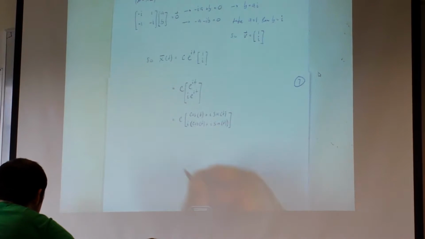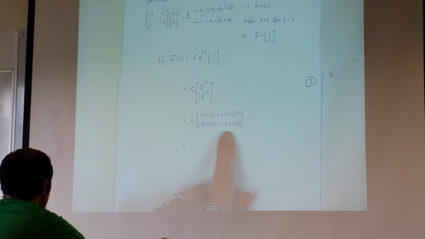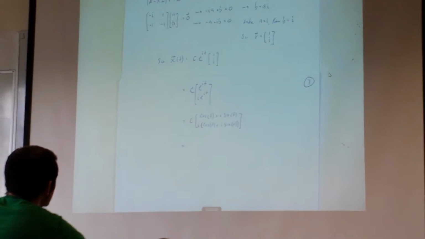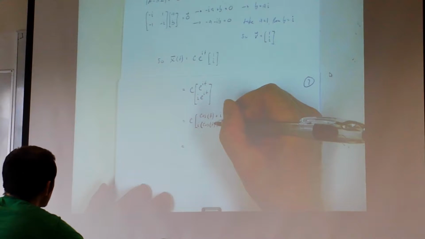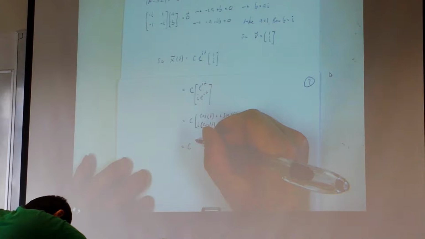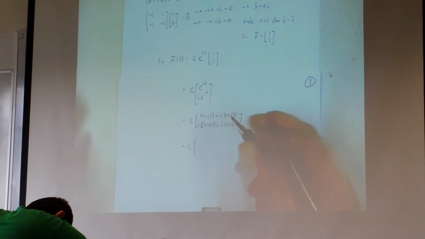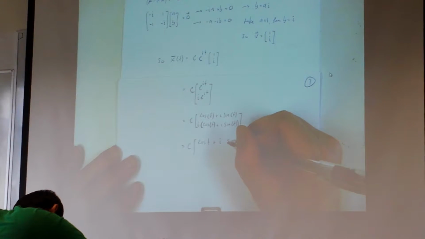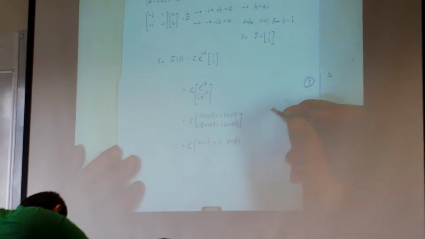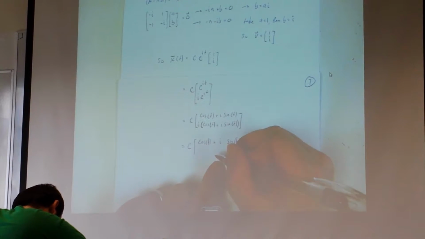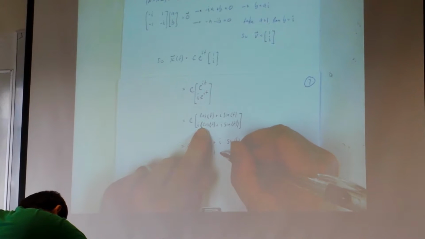Now we want to rearrange this to get the real part and the imaginary part. I haven't distributed the i yet. I'm going to leave that c hanging out. So c, and the top is just cosine t plus i sine t. The bottom, when I multiply, is going to be i cosine t, which I'll write on the right side, plus i cosine t.